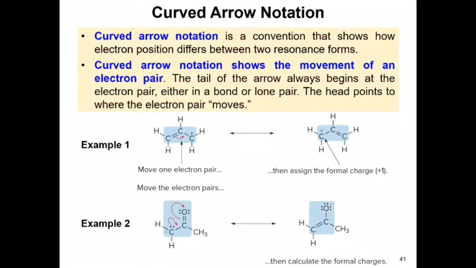Curved arrow notation is extremely important in organic chemistry because it shows you the movement of an electron pair. Here's a few examples. In this structure, you have 3 different carbons. You have the first carbon that's double bonded to the second carbon, and this second carbon is single bonded to a carbon with a positive charge.